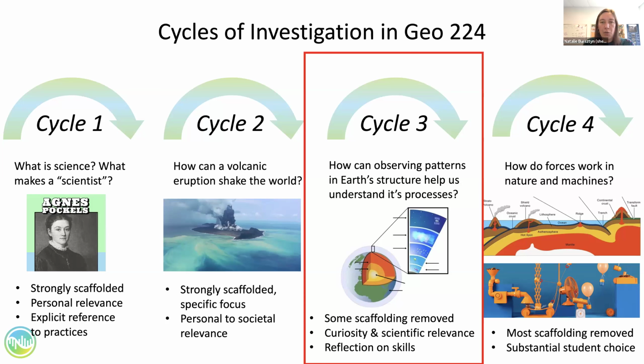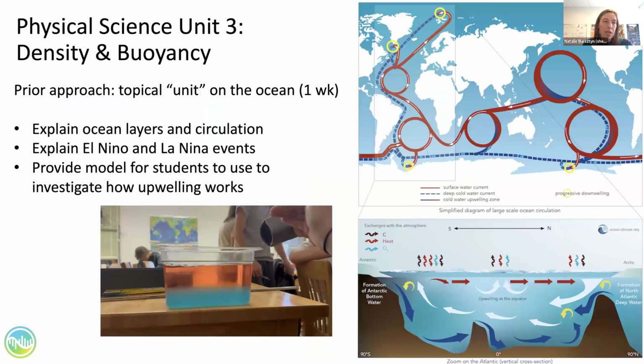So let's look at cycle 3, which is unit 3, which is really about density and buoyancy. In my previous iteration of this course before TIDES, it was more of a topical concept, and it wasn't really focused on density and buoyancy. It was simply focused on ocean layers and ocean circulation, for example.